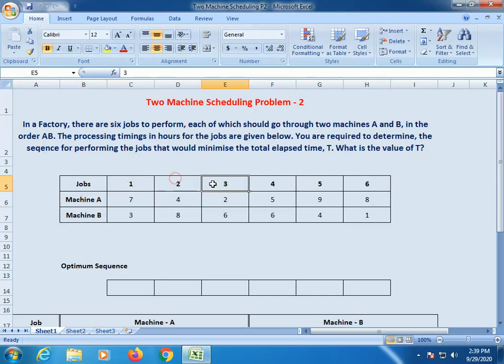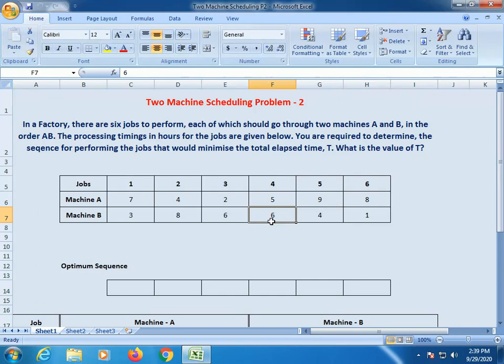If we take the first job, if we want to process the first job on machine A, this first job takes 7 hours to complete on machine A, and the same job we can process 3 hours on machine B. For example, if we want to process the fourth job, machine A takes 5 hours and machine B takes 6 hours.